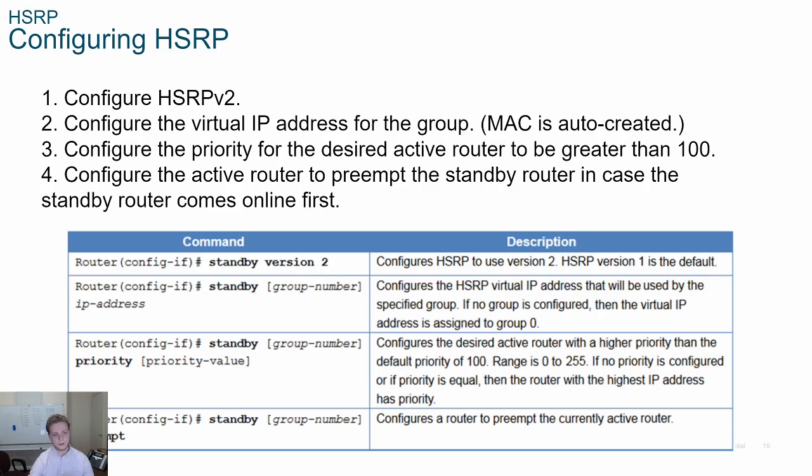So we can configure HSRP. These are the steps here. You can go over those if you want. I'm going to look at the commands because that's how I roll. You want to set it to version 2. I wish Cisco, a lot of these things, it's like, hey, set this to version 2. Why don't you just have it by default in version 2? Why is version 1 the default? Nobody uses HSRP version 1.